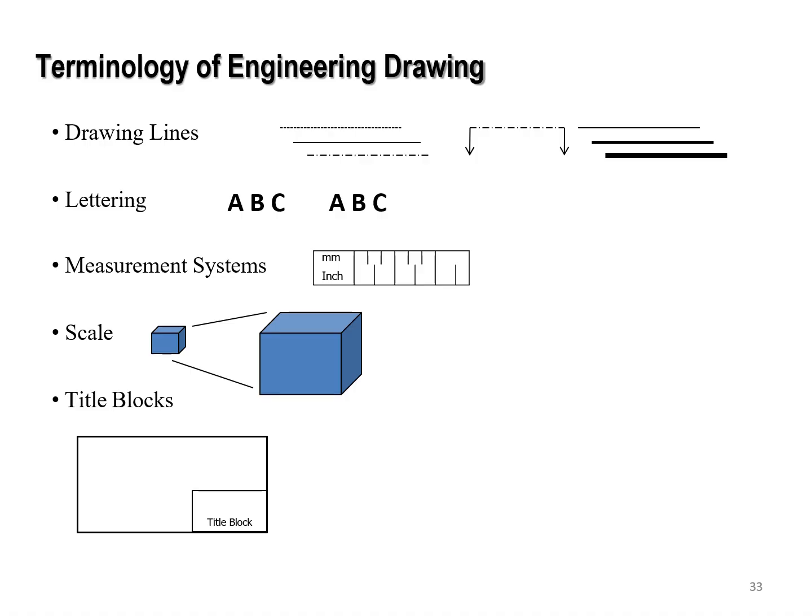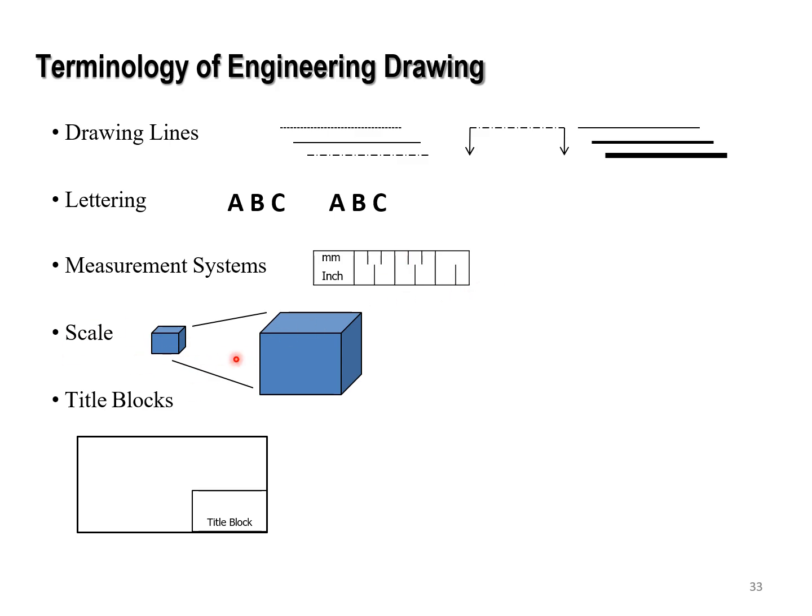Some terminology of engineering drawings starts with the drawing lines. You can see that we are going to have the dashed, continuous, and the center line. This shape is usually going to be for a cross section, and you can have different thicknesses for these lines. Also, we can use some lettering. We can use the measurement system, which is going to be either in inches or in millimeters.